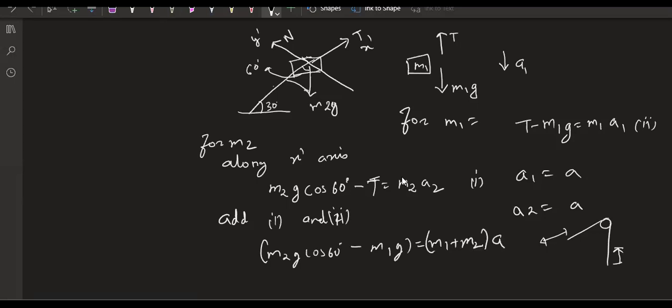So the expression is equal to (M2 cos 60 degree minus M1) by (M1 plus M2) into g. Your answer will be 0. The body will not move. The answer will be 0.